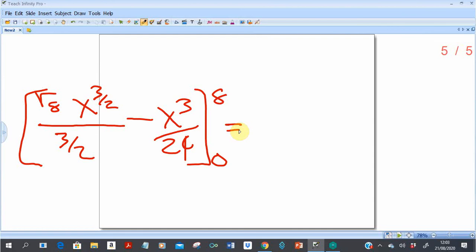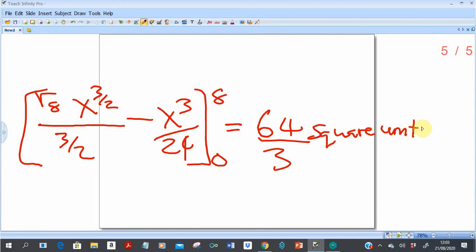Okay, so when you simplify this, you should get 64 over 3 square units as our answer.